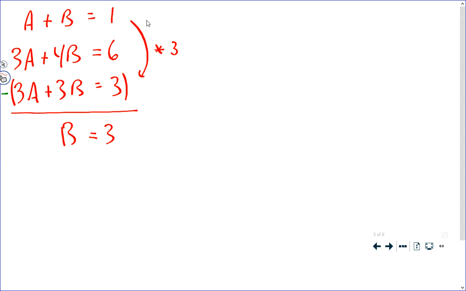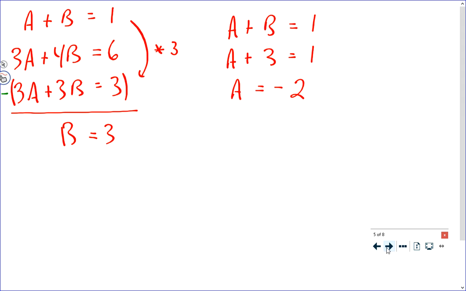How am I going to find a? Well, a + b = 1, so I can put 3 in for b and get a = -2. How am I going to determine the value of c? Well, one of my previous equations was 6a + 5b + c = 1.